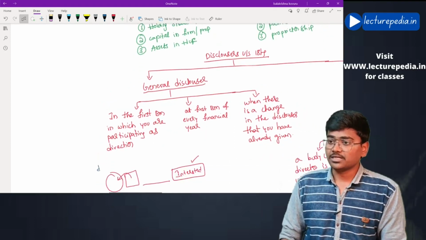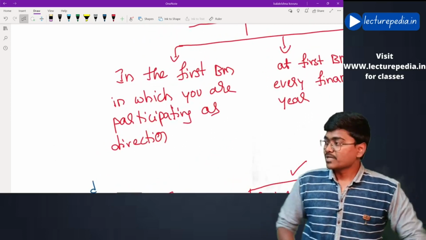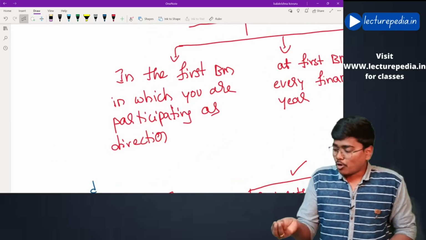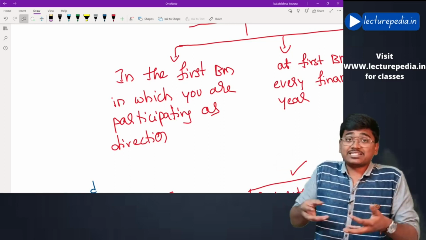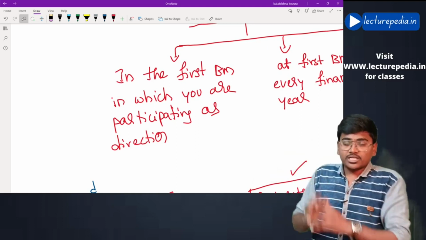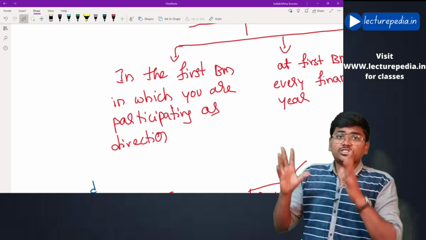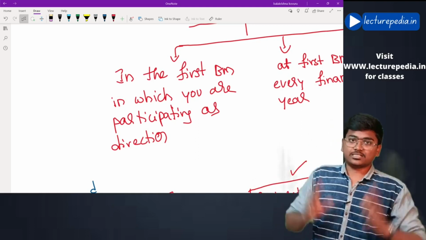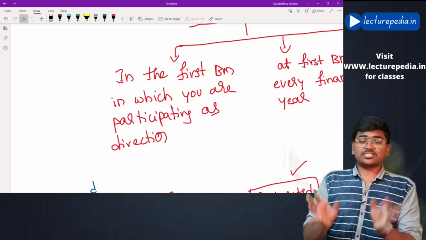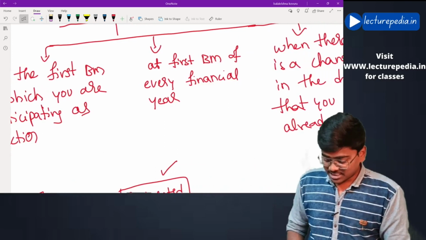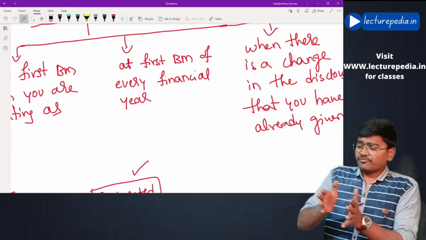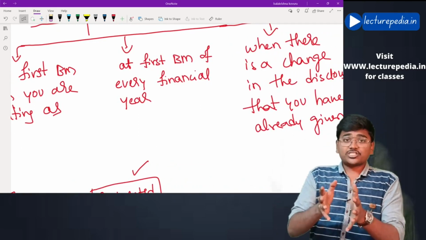Firstly, once the director has been appointed in the company, he will attend the first board meeting as a director. In such a first board meeting, he has to give general disclosure of all his interests. Hope that is clear. That is the first situation. And the second situation is, in every financial year, there will be a first board meeting conducted.